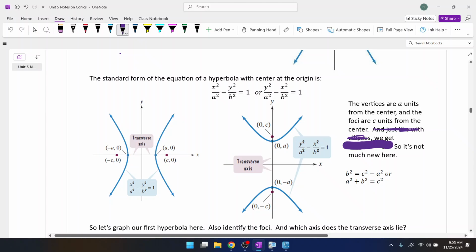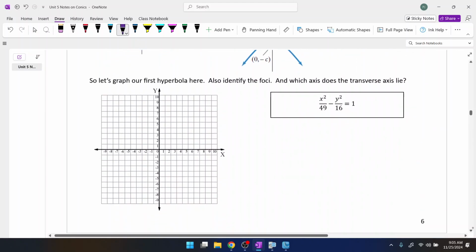Now, the other thing we'll be able to do is figure out the equation of the asymptotes of a hyperbola. And it's actually going to be very easy to do. So what I want you to do here is graph this hyperbola, x squared over 49 minus y squared over 16.